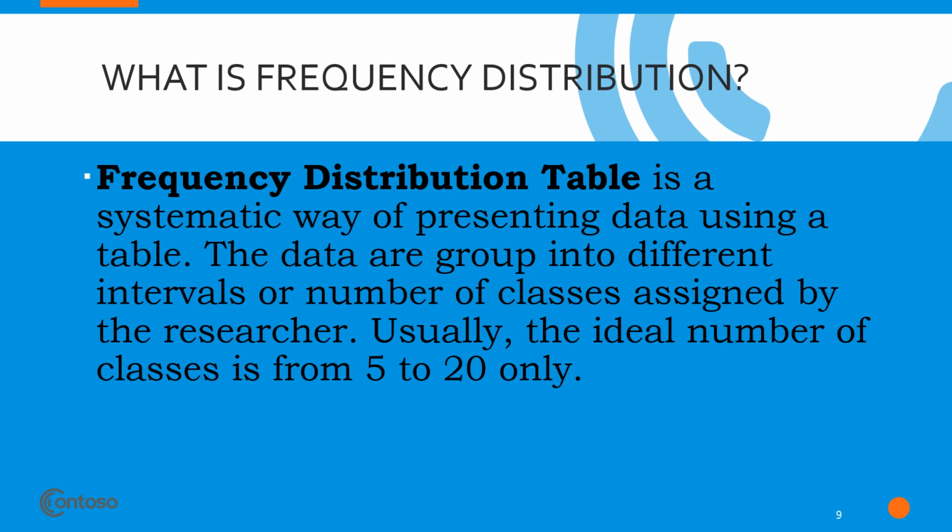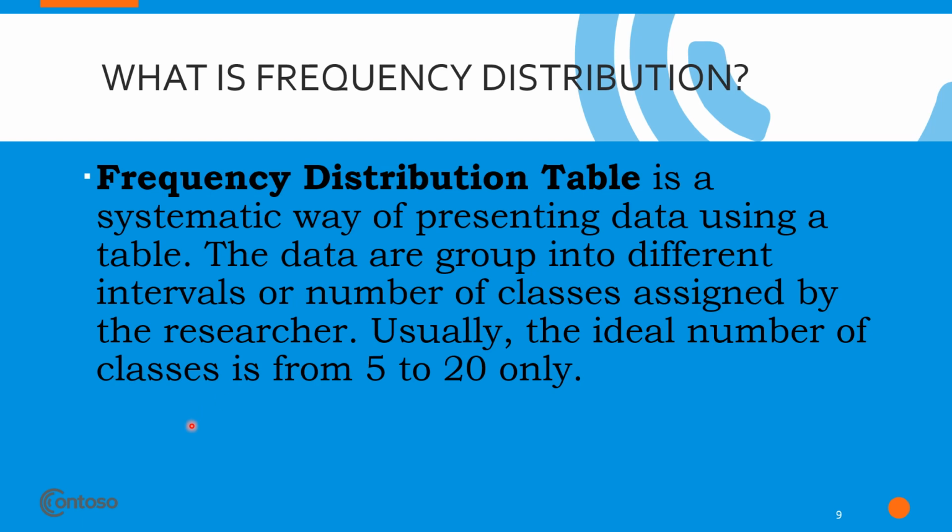What is a frequency distribution? A frequency distribution table is a systematic way of presenting data using a table. The data are grouped into different intervals or classes assigned by the researchers. Usually the ideal number of classes is from 5 to 20 only. Later, in the next tutorial, we are going to construct a frequency table for grouped data.